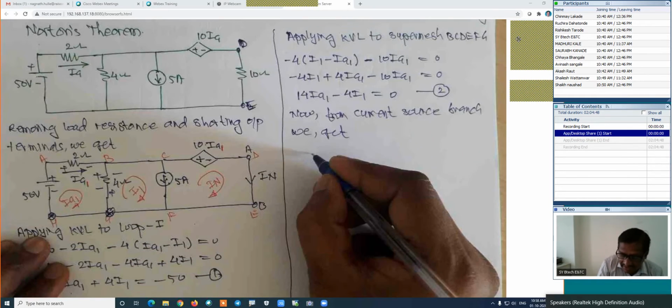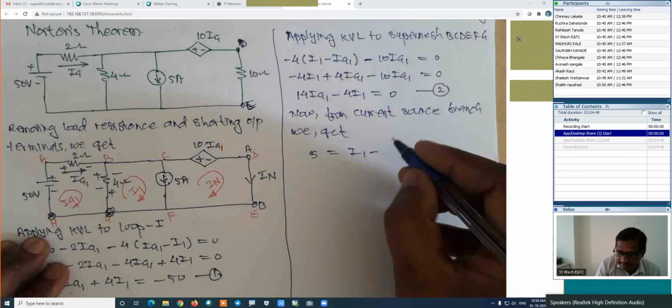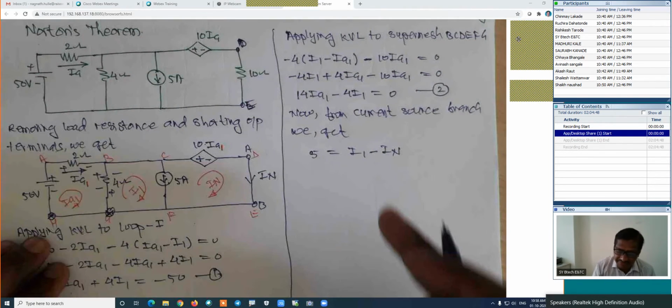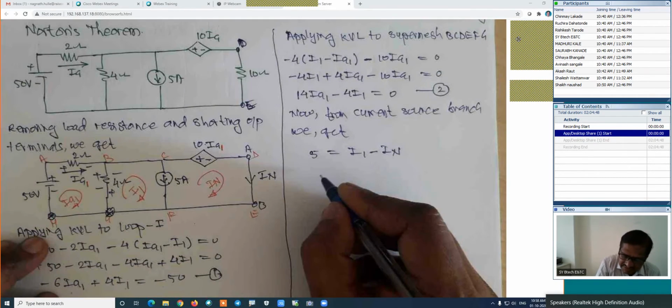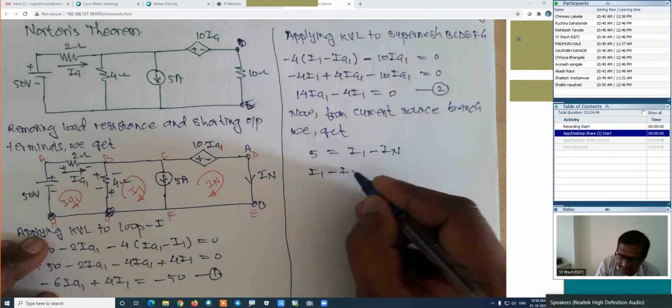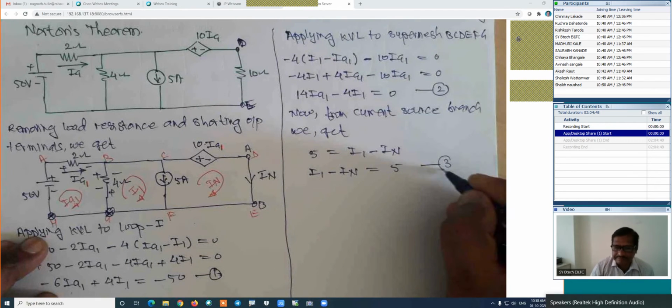This 5 amperes is equal to I1 minus this current, which is upward, IN. If I simplify this equation in this format, first IA1, then I1, and then IN, I am arranging the terms in that way. Means here, the equation will be I1 minus IN, which is equal to 5, and this will be equation number 3.